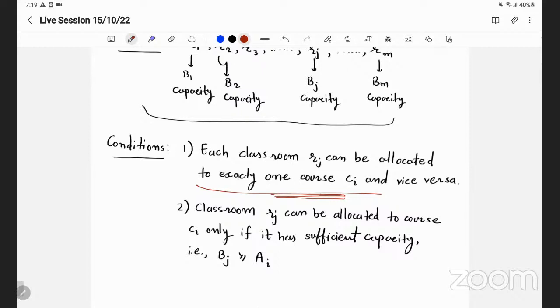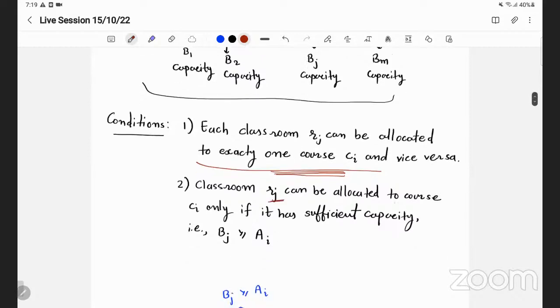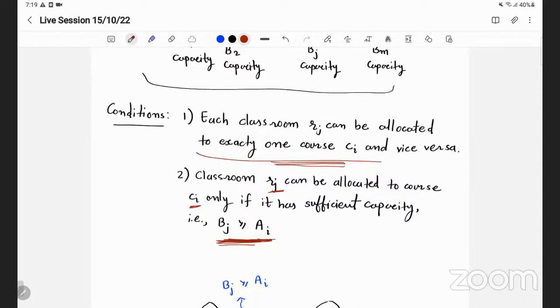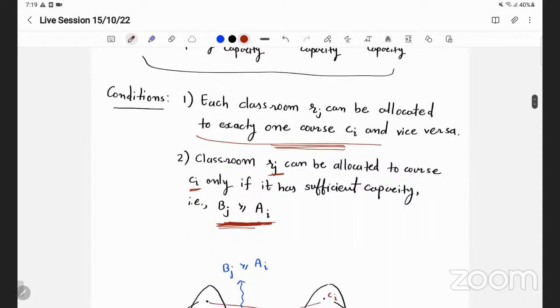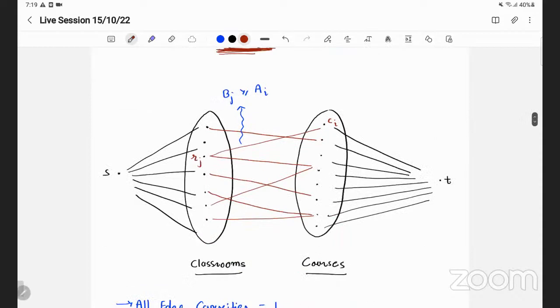And if classroom R_j is being allotted to course C_i, it is only if it has sufficient capacity. That means B_j should be greater than or equal to A_i. So if you observe, this whole problem boils down to the problem of maximum matching. How? Let's construct this bipartite graph where one of the partitions is classrooms and the other partition is courses.